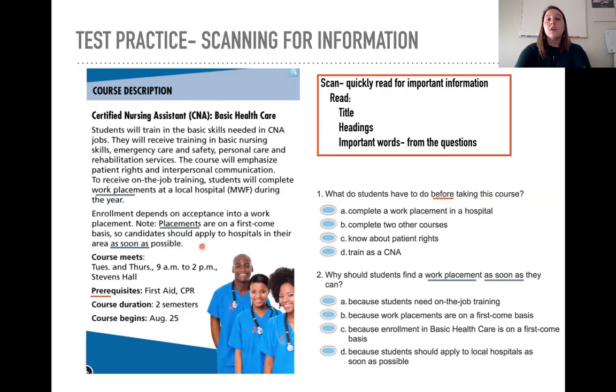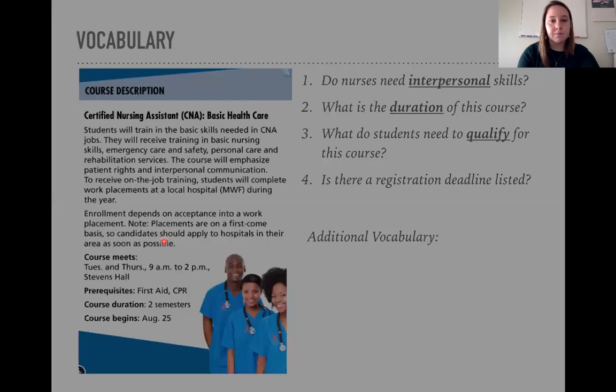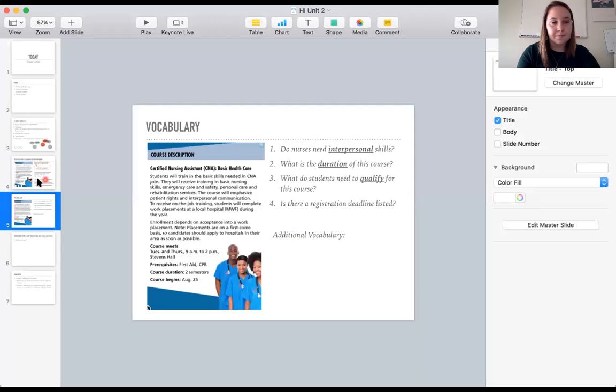So the test itself is still taking time. It still takes some mental energy and time for you to think about some vocabulary. But by narrowing it down, by scanning for important words, now we're able to focus on just this part.